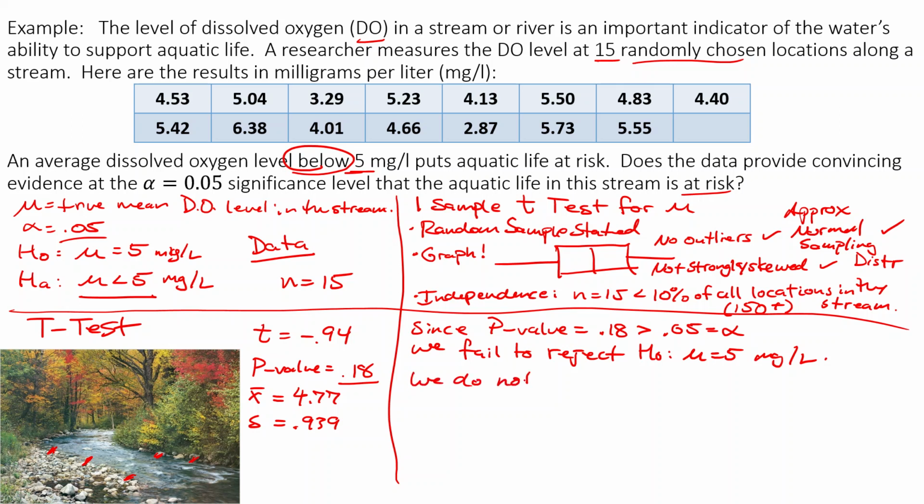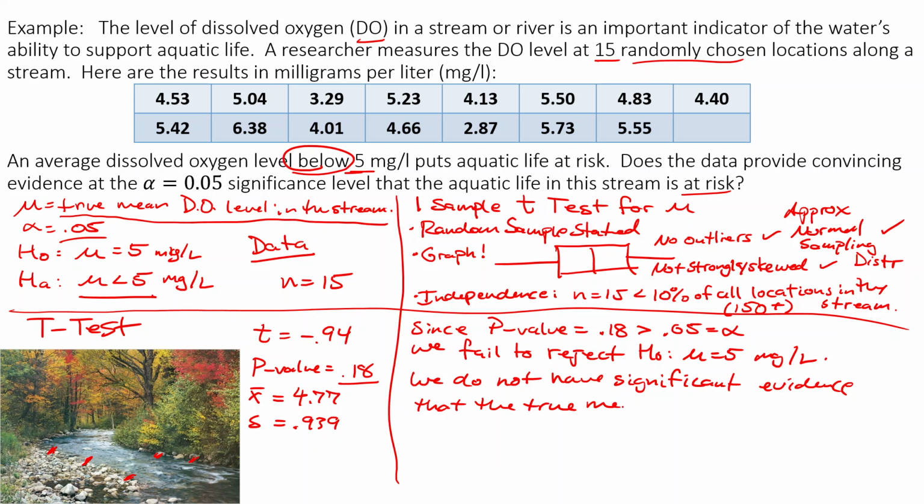We do not have significant evidence that, and we're going to put the context in here, so we're going to go back and say what this mean stands for, that the true mean dissolved oxygen level in the stream is less than, our alternative hypothesis, less than 5 milligrams per liter.